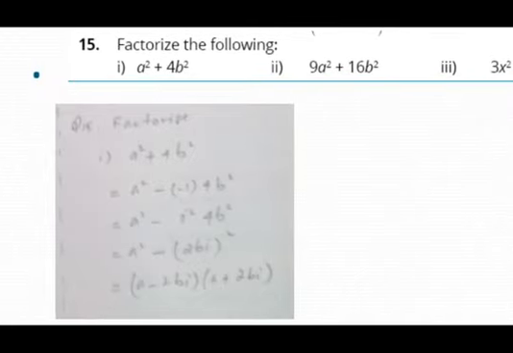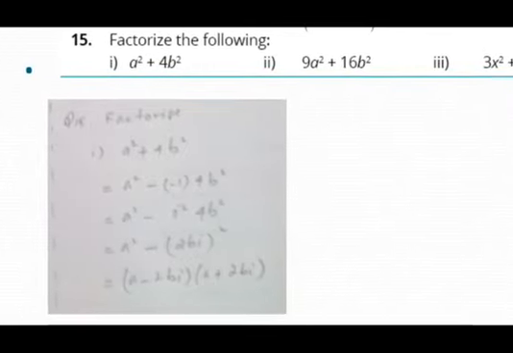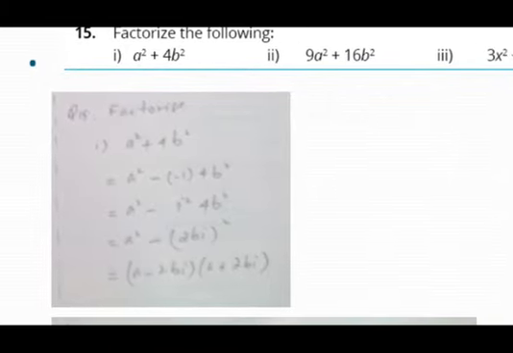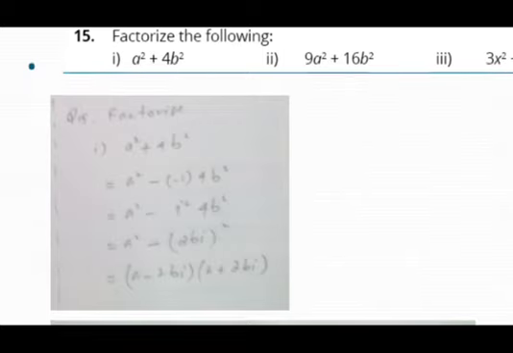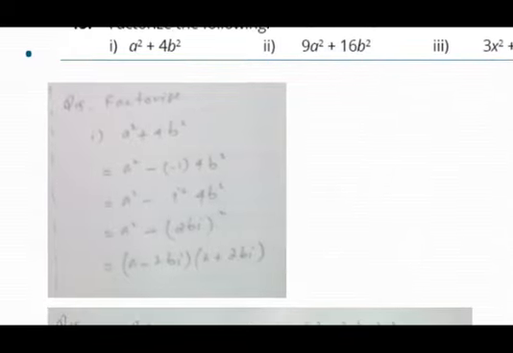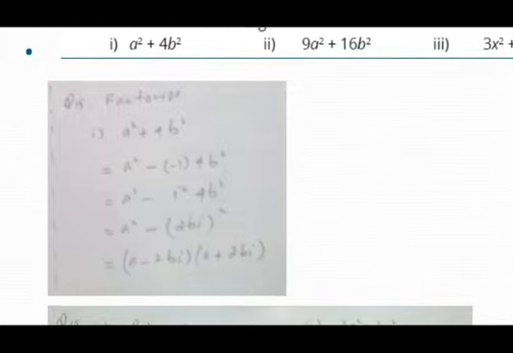In place of plus we can write 2 into minus 1, and minus 1 is equal to iota square, and then we make its factors: a minus b and a plus b.